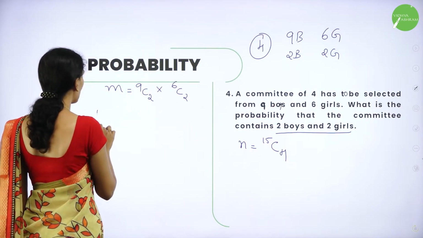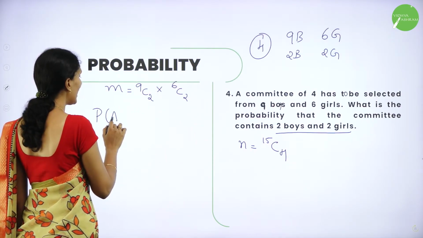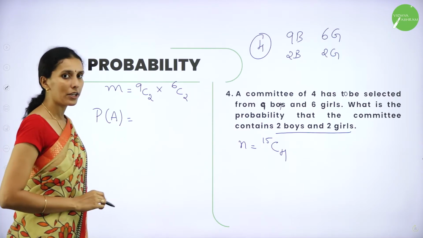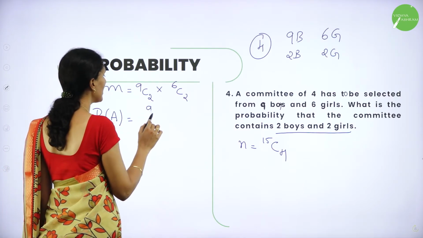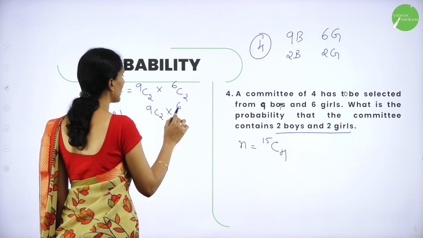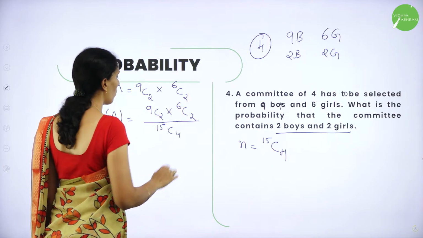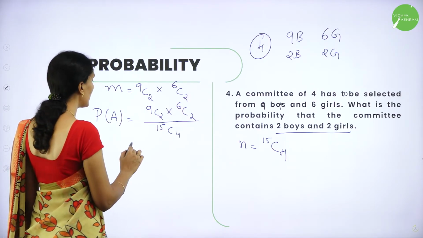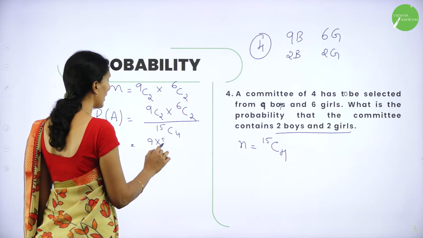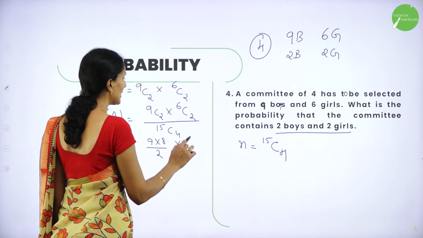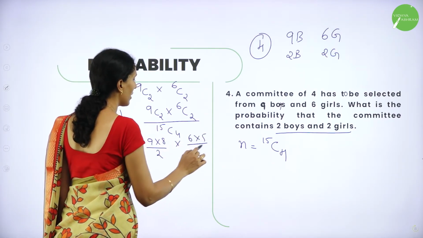So if I take the event as A, then the probability of A will become 9C2 into 6C2 whole divided by 15C4. That is 9C2, select 9, 8 divided by 2. Select 6 and 5 divided by 2.